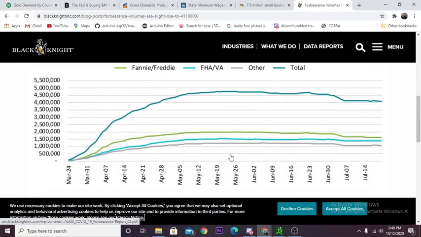Now this graph here is interesting because it shows the total at the top, and it shows that around April is when we started hitting the peak, right here in May. So one year after this peak, the program is going to be over. So what's going to happen after that? If you don't have a job, then you're going to lose your house. So hopefully that's not the case.